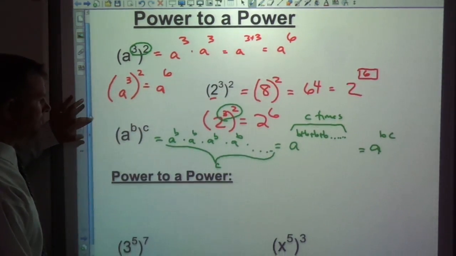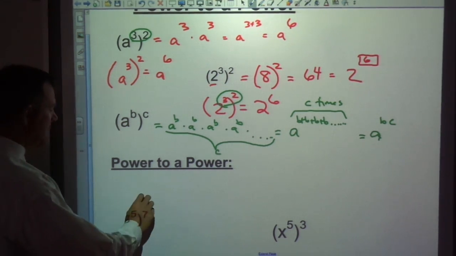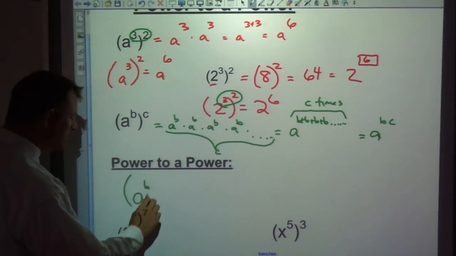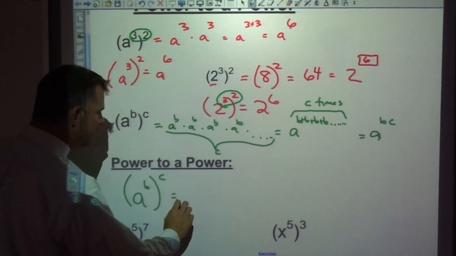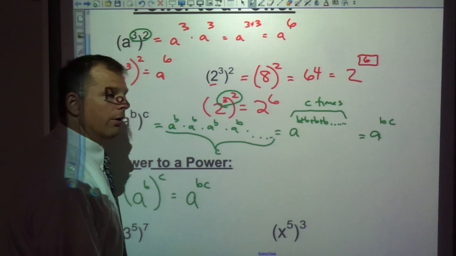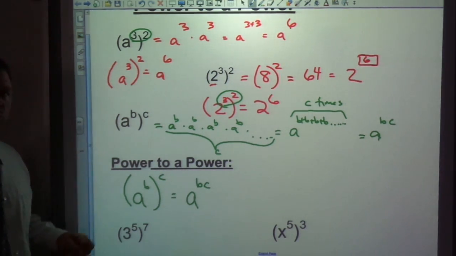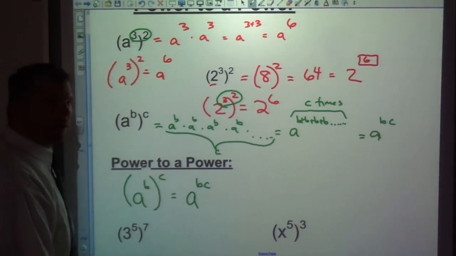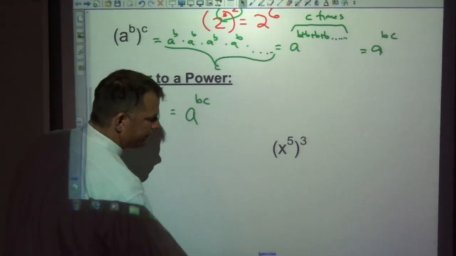So our power to power rule is that a to the b to the c is just equal to a to the b times c power. When we have a power to a power, we simply can multiply those exponents.